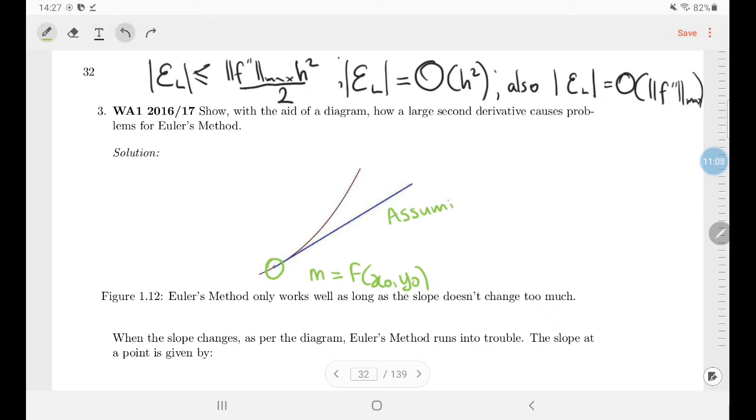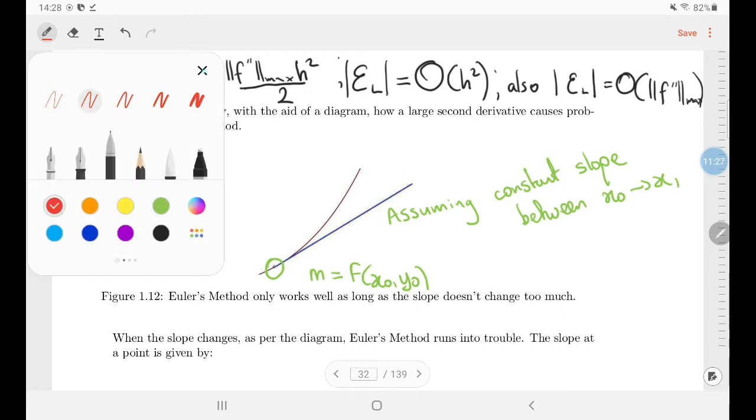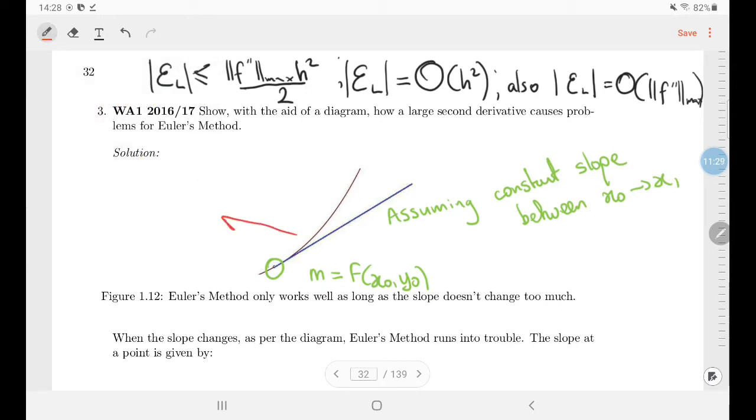Assuming constant slope, because that's how Euler's method does, constant slope, say between x0 and x1. That's what going by the tangent is. But of course, if you actually look at the curve, the slope is changing.